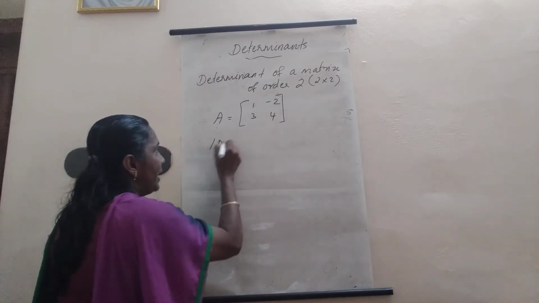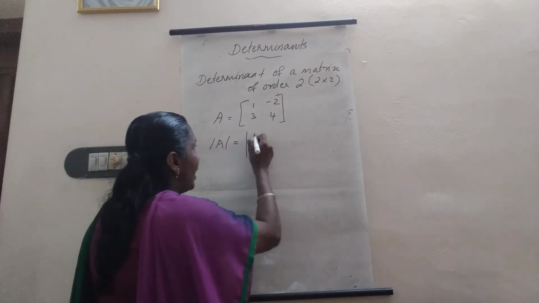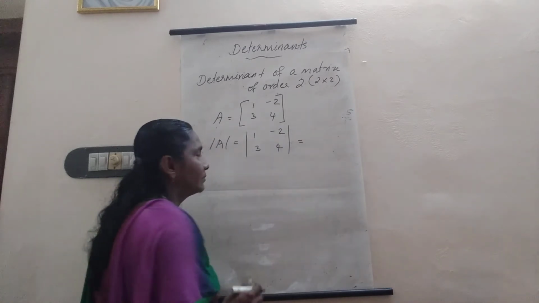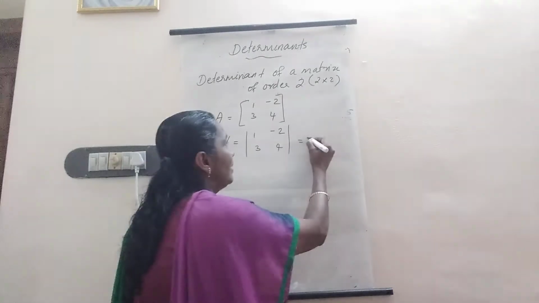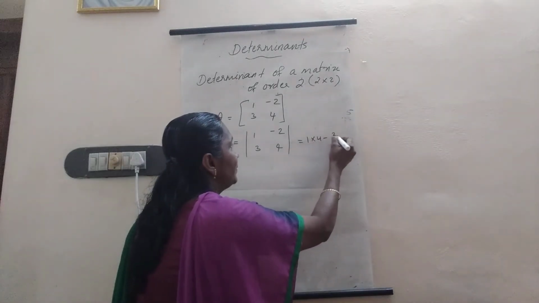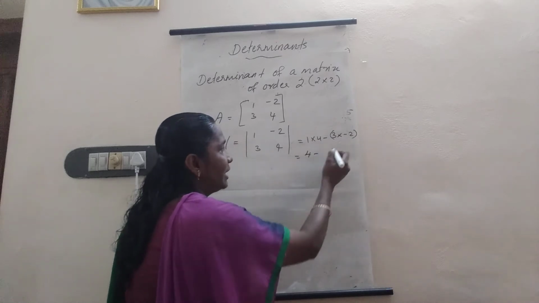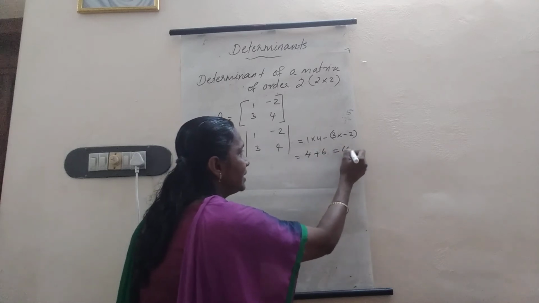Then determinant A is equal to determinant 1, minus 2, 3, 4. How we can find the answer? Yes, multiplying 1 times 4 minus 3 times minus 2. 1 times 4 is 4. 3 times minus 2 is minus 6. Minus of minus 6 is plus 6. So answer is 10.